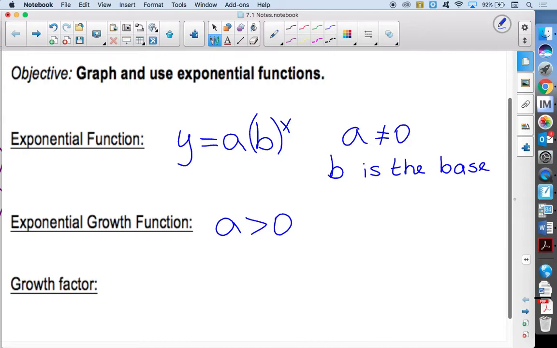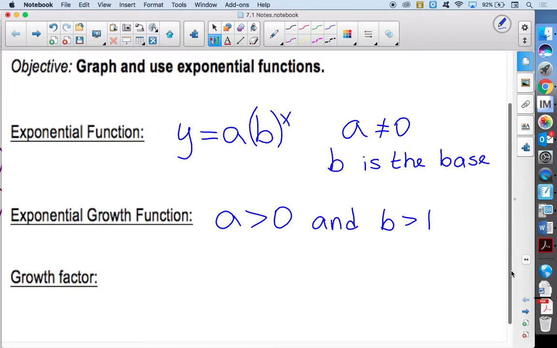So it has to be a positive number. And our b value has to be bigger than 1. So those two things need to happen for it to grow. So a has to be positive, and then the b needs to be bigger than 1 so that the graph grows. Sure?